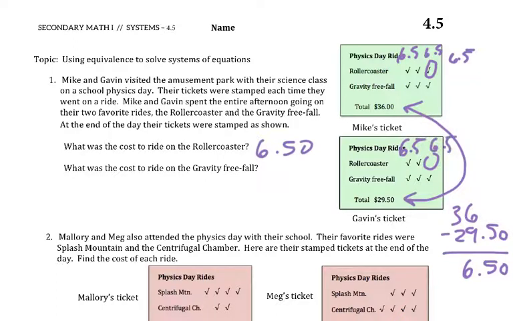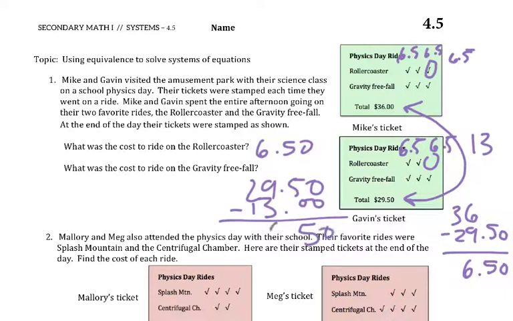Okay, that would be $13, so $29.50 minus 13 gives us $16.50. So then $16.50 divided by 3, and we get $5.50 for each gravity free fall.